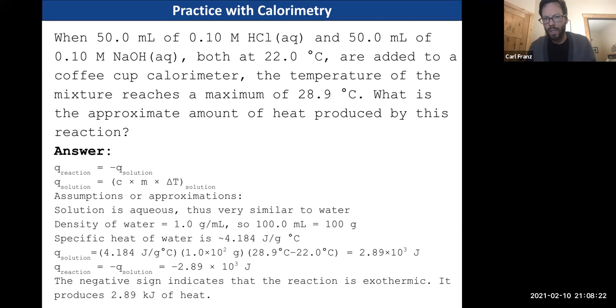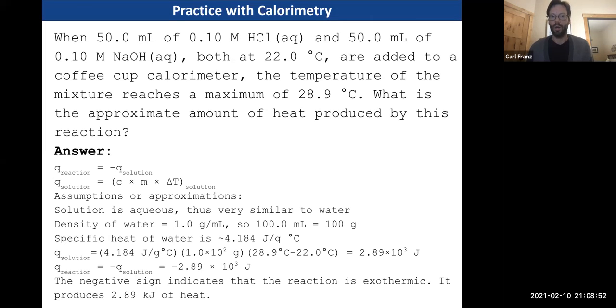Here's another problem that we went over, again, dealing with calorimetry. And I've typed up the answer, the way to go about getting the answer, how to set it up. It's important that you, again, practice these calorimetry problems. Q equals negative Q. It's also important to know whether or not it's exothermic or endothermic, right?